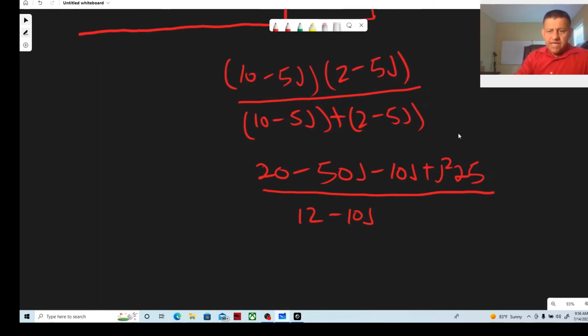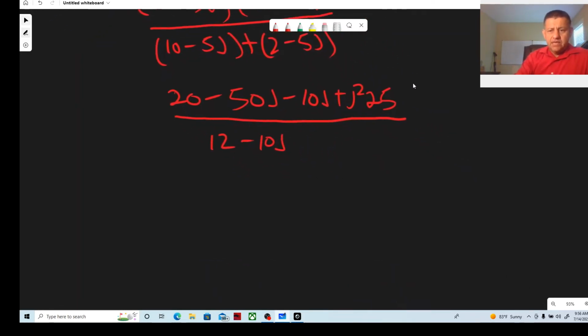So with that being said, remember from imaginary numbers that i squared is equal to negative 1, right?